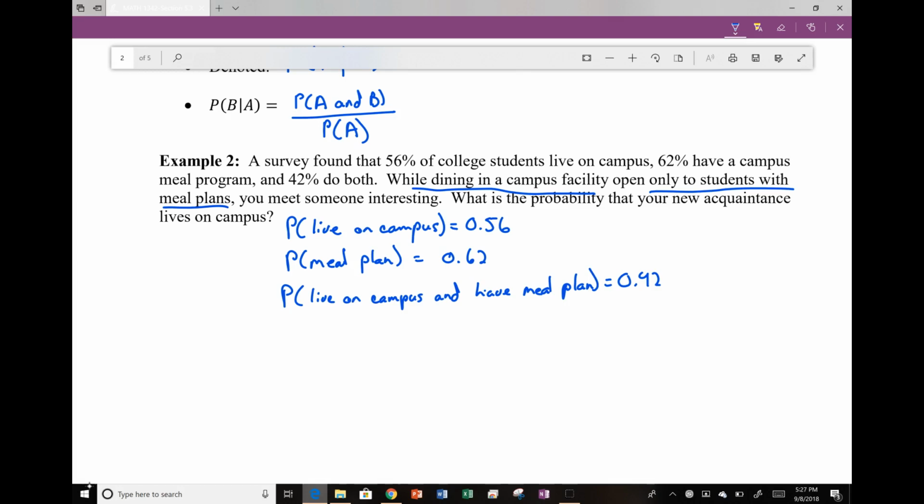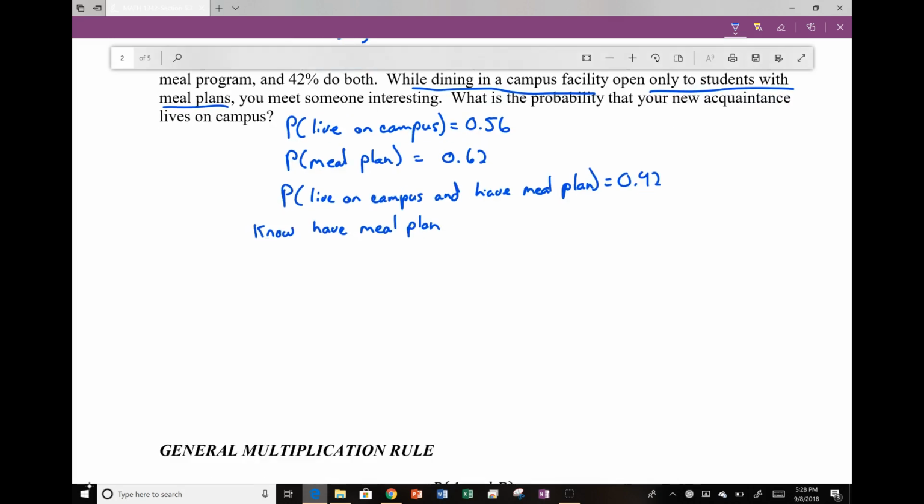We know they have a meal plan. We want to know if they live on campus. So we want to know the probability that the person lives on campus given, because we know they have a meal plan.